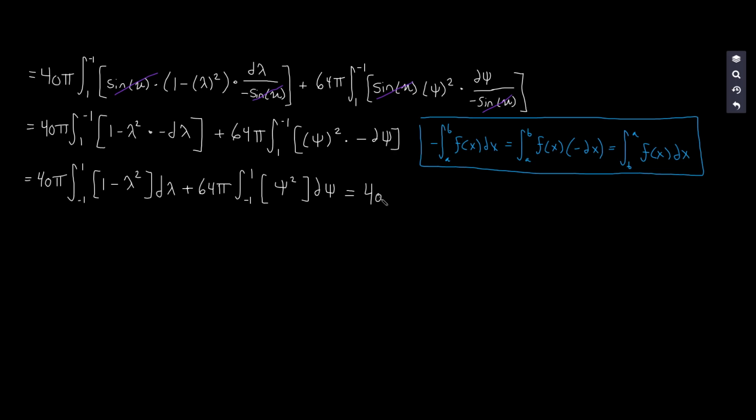So it's going to be 40 times pi times lambda minus lambda to the third power over 3, evaluated from negative 1 to 1, plus 64 pi times psi to the third power over 3, evaluated from negative 1 to 1.